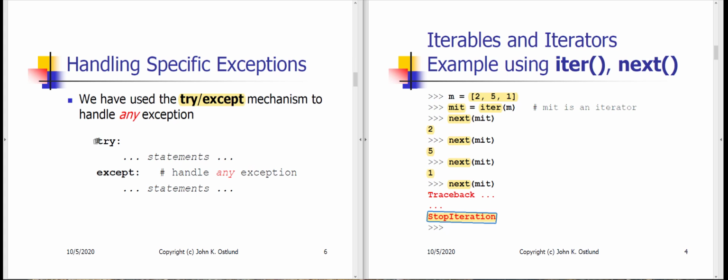That is, we have started out with a try block containing statements that we are fearful might fail for some reason. And then if one of those statements does fail and does raise an exception, we used a single except block to deal with any of the possible exceptions that might have occurred inside of the try block. But the try except mechanism can be much more detailed or sophisticated than that.